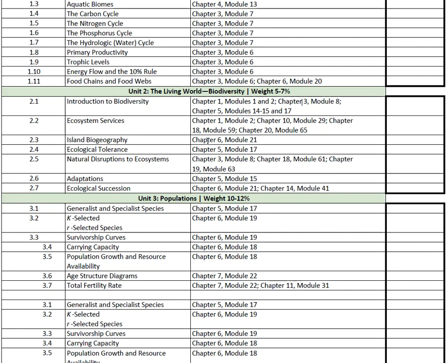Probably ecological tolerance, I would put in there as number 2, because ecology is tenuous. It depends on the fact that things need to be within a certain range in order to function, and if they're not within that range, then they die.